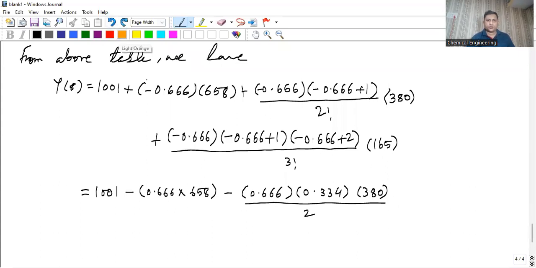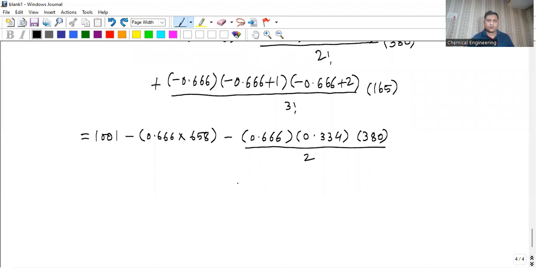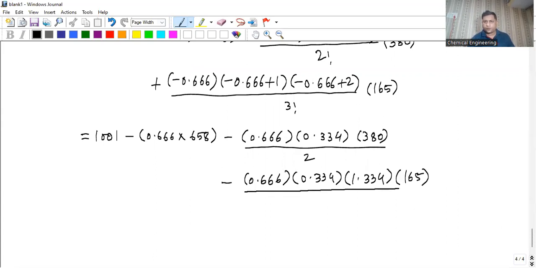Okay. So what will this term be? This will be minus 0.666 into 0.334 into 1.334 and 165 divided by 6. So we can get here the value of y at 8 is equal to 511.96. It is going to be 511.96.